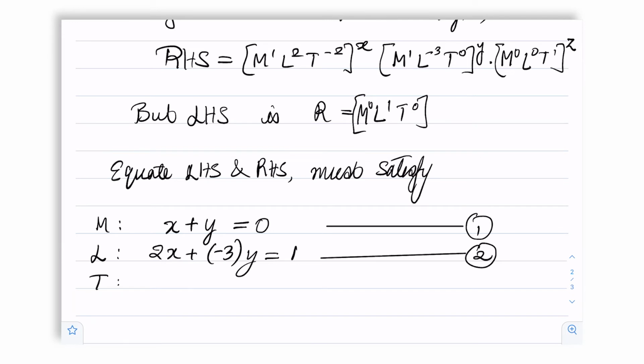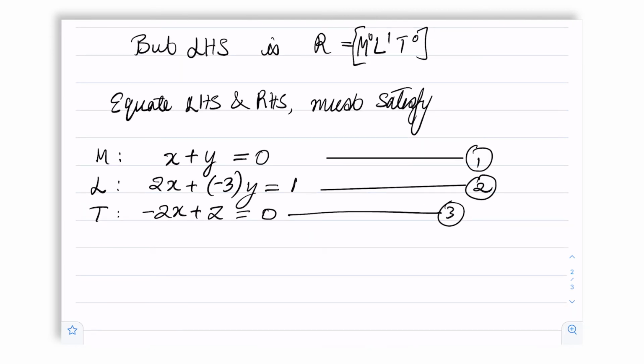And for time, it is minus 2x plus z is equal to 0. These are our three simultaneous equations in terms of x, y, and z. And now our job is to solve them.